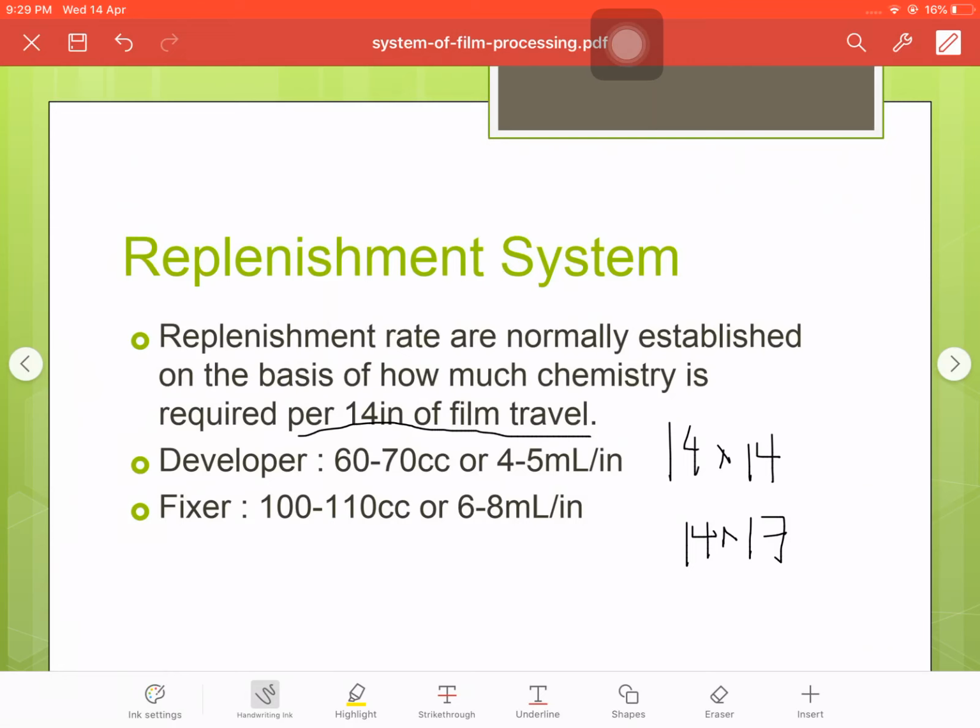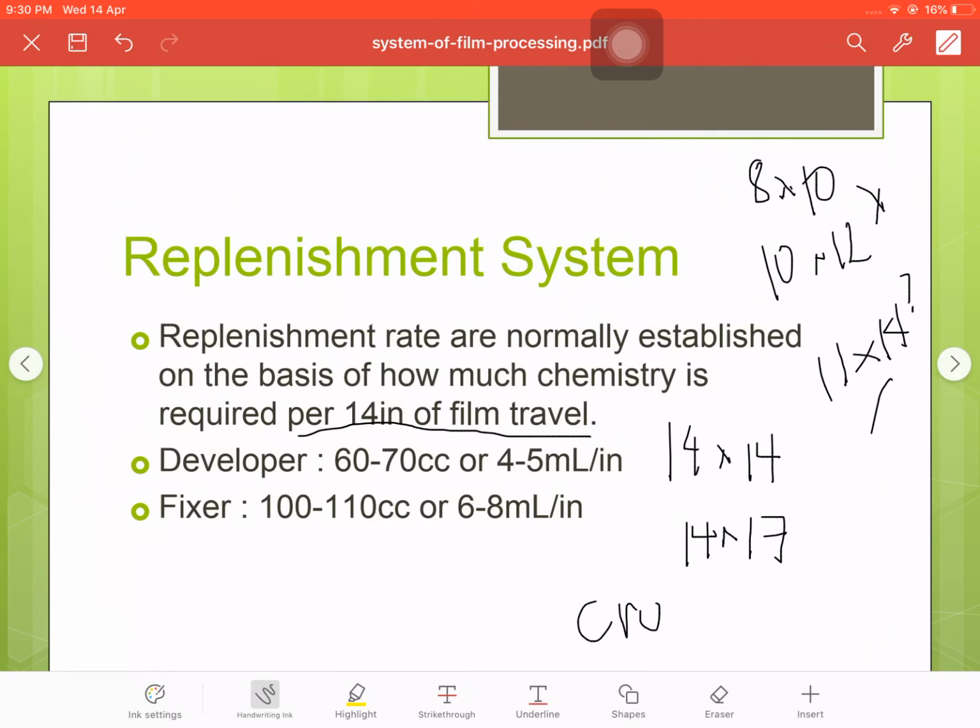Kapag ang size ng film na ginamit natin is 8 by 10 or 10 by 12, there will be no replenishment sa ating chemical solution. How about 11 by 14? Will there be a replenishment? Yes, as long as yung pag-insert natin sa feed tray is naka-crosswise ang position ng ating 11 by 14.